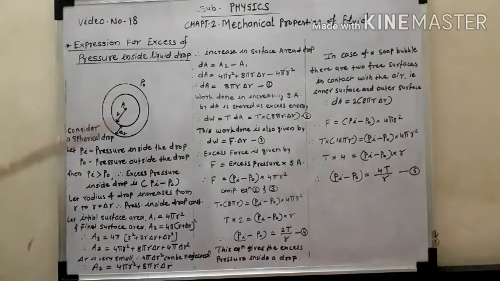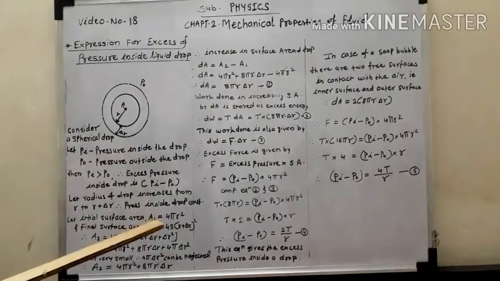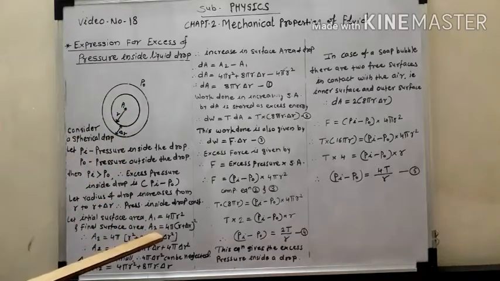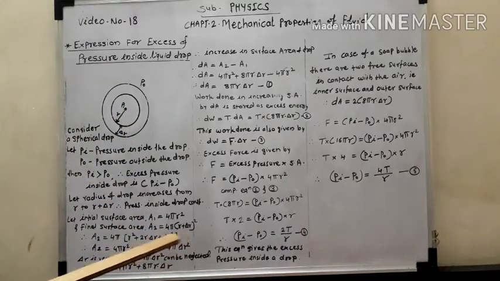This is spherical in shape, therefore the initial surface area is A1 equal to 4 pi r square. Then the final surface area, increased by del r, is A2 equal to 4 pi into bracket r plus del r, square.